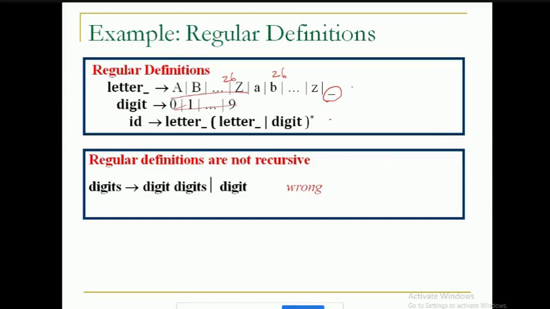When I'm using a variable, it should be a letter followed by letter or digit star. Letter means it will take that value from either uppercase alphabets, lowercase alphabets, or underscore, followed by 0 or more occurrences. So it may have a set of strings. This regular expression will accept strings like any alphabet, M. It may have a single character, so that time this second component, star, means 0 occurrences.